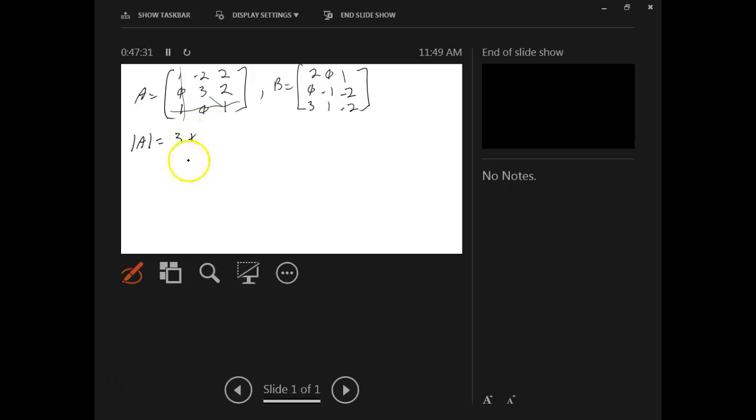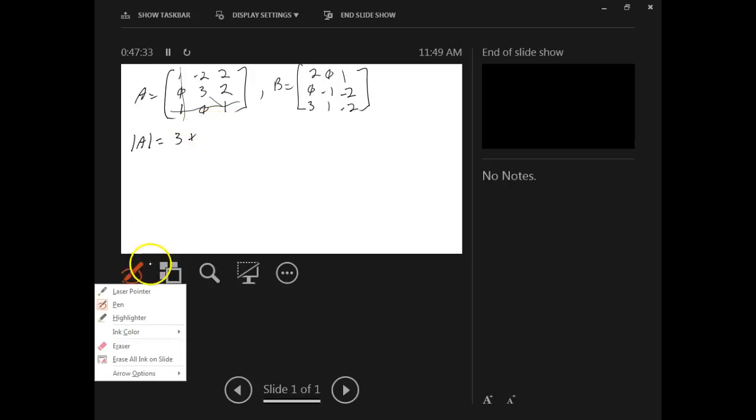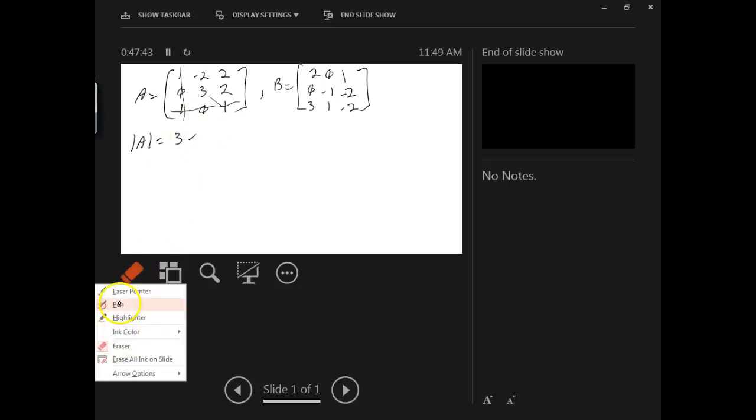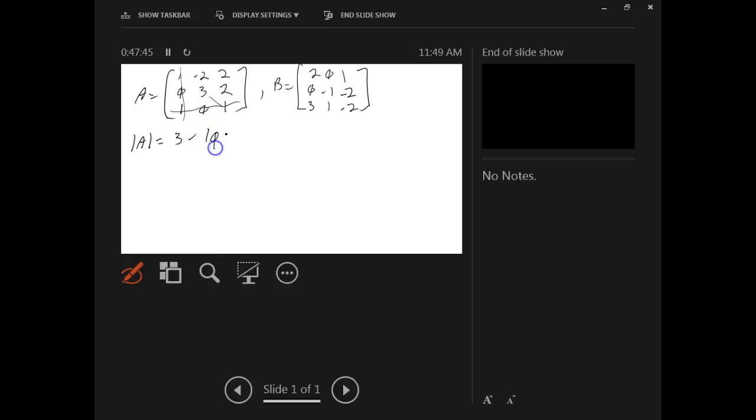So that's a minus 10. So 3 minus 10 is equal to negative 7. Okay? Good. That's what they got.